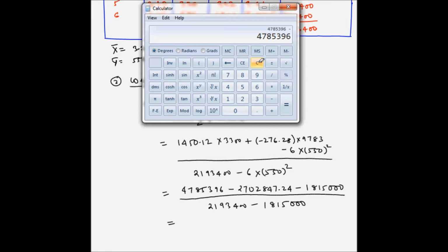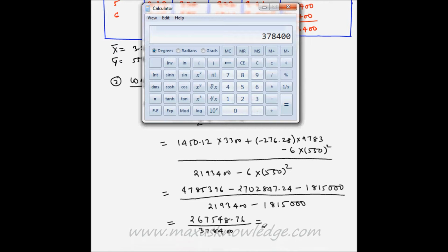4785396 minus 2702847.24 minus 1815000. So this is 267,548.76 divided by 2193400 minus 1815000, 378,400.